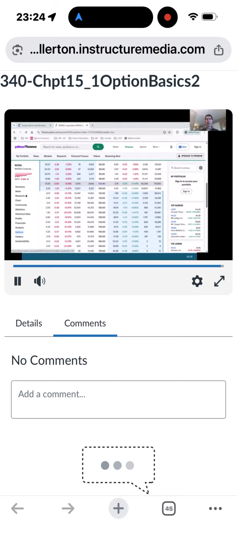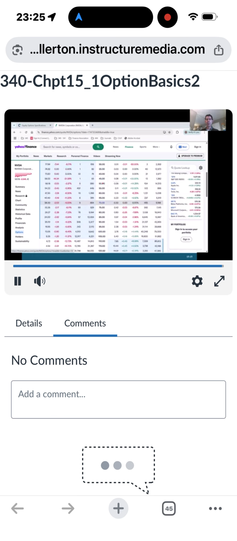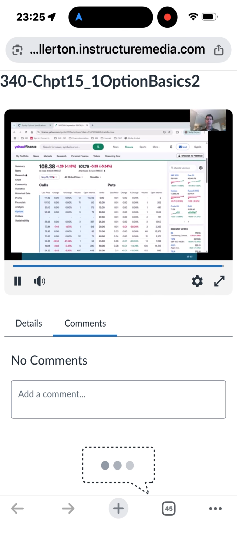Now, if NVIDIA ever drops below 100, I can pull out this put option and I can exercise it, and I will still be able to sell for $100. So I can look at these. As you see, there are many different strike prices, many different expiration dates, and so you can sort through these and you can trade these options.